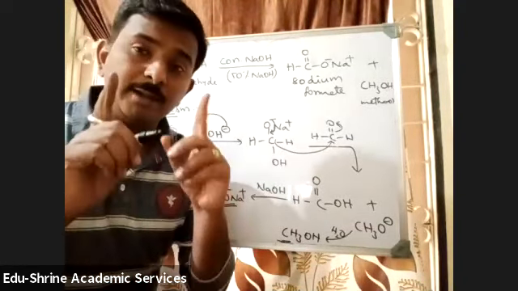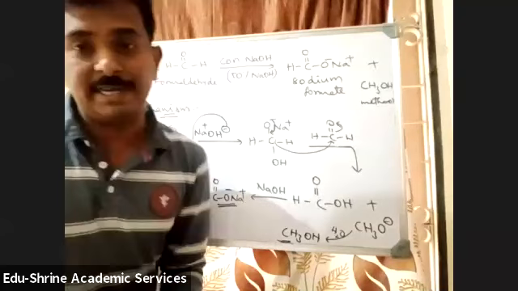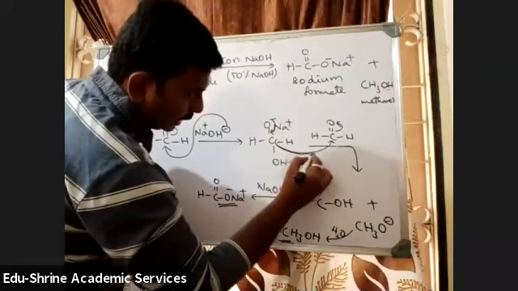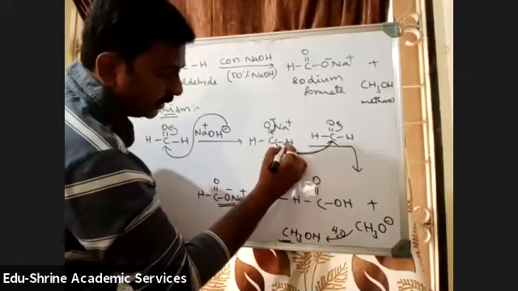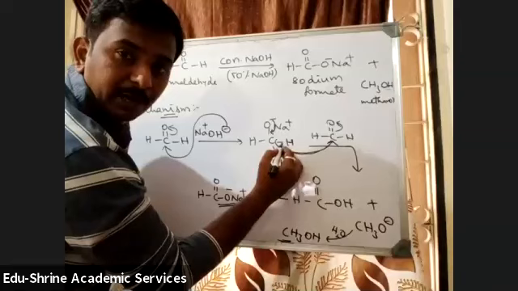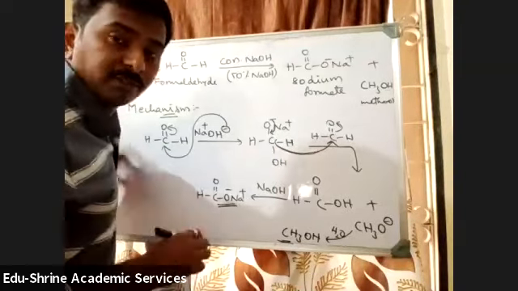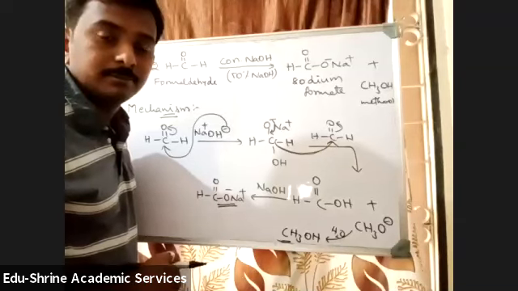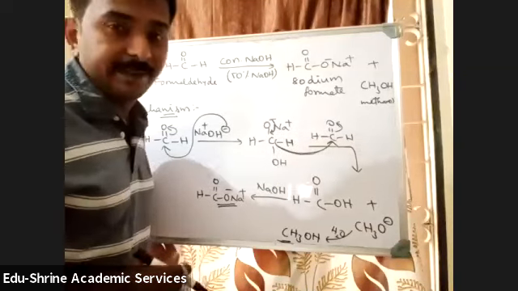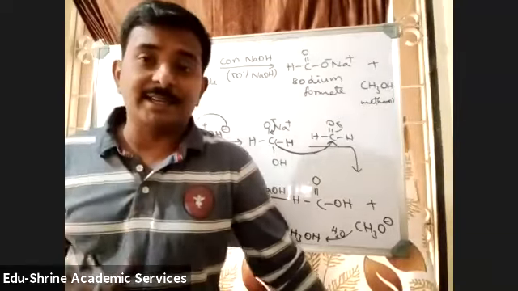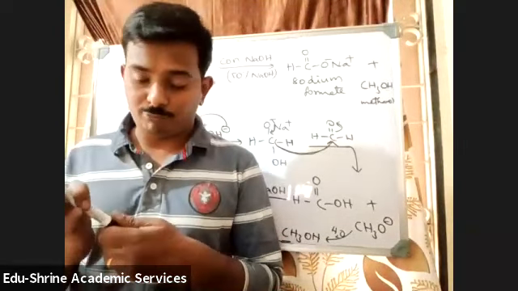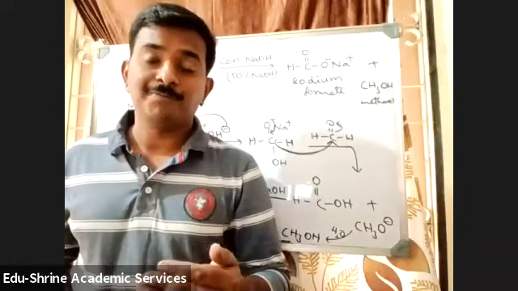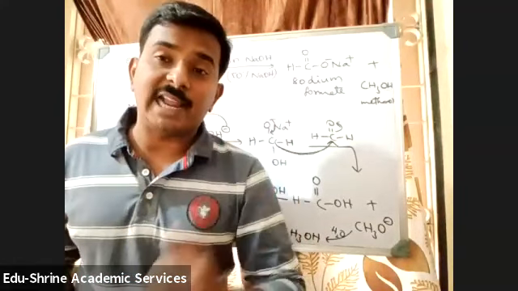But one important point you need to remember from the mechanism. What is the point that you need to remember here is this step. So which is being transferred, students, here? Hydrogen along with the bonded pair of electrons means H minus, no? What is the name of H minus ion? Hydride ion, no? Hydride ion. So once they asked in JEE exam, students, which of the following reactions takes place through hydride transfer mechanism?